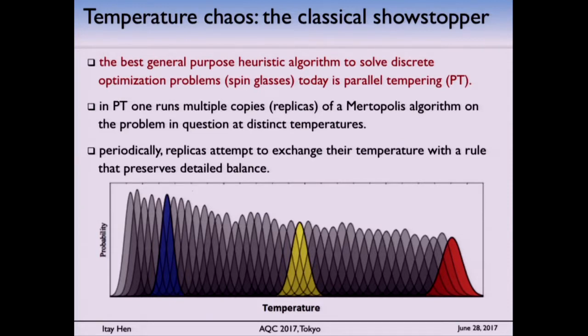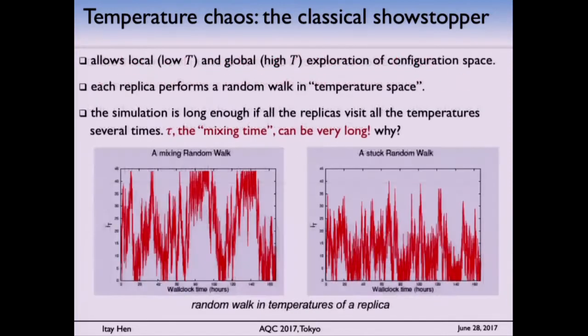The key with parallel tempering is that you swap temperatures between replicas, or I like to think of it as swapping replicas between temperatures. This turns out to be much better than simulated annealing because it allows local search at low T and global search at high T, because at high T you accept many configurations and can hop around.